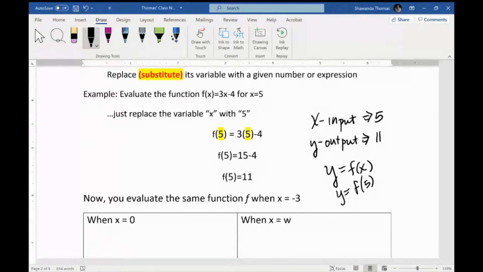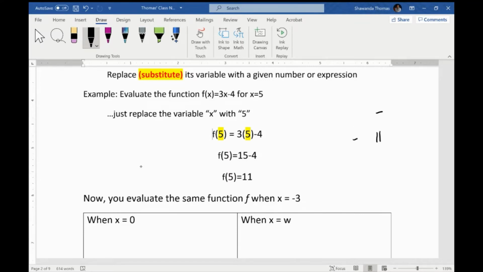That's why they say y equals f of x, because what pops out is your f of x. Everything after the f of x, you're supposed to solve. All you're doing is your algebra, simplifying on the right side for the most part.